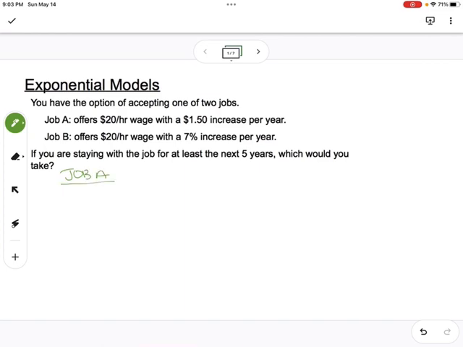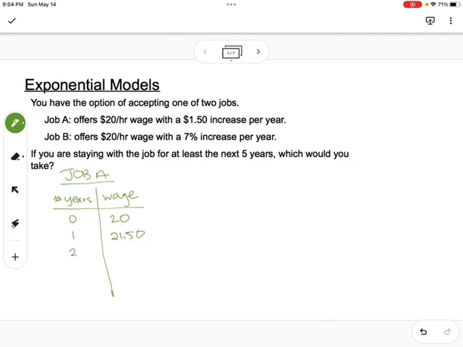we can create a table of values for each. So we're going to have our number of years, and our wage is going to go here. So at year 0, we're starting at the $20 per hour. Job A, you're increasing by $1.50 each year. So at year 1, it's going to be $21.50.